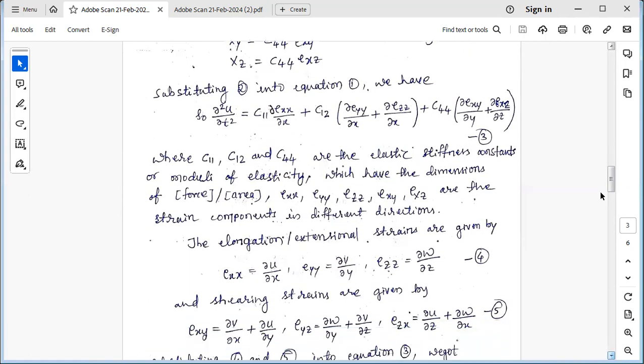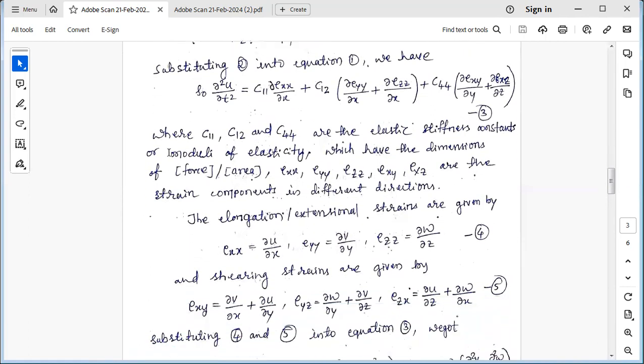So next, these C, as I explained, these are the elastic constants C11, C12, C44, which have the dimensions of force per unit area because they are the proportionality constants here. For example, C11 is equal to stress by strain.